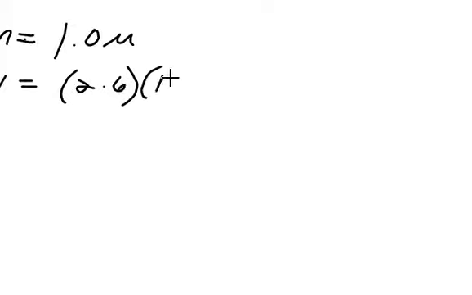Suppose a neutron, we'll have this N, mass equals one atomic unit, so we'll just do 1.0 U, traveling at 2.6 times 10 to the 7 meters per second. So V equals 2.6 times 10 to the 7th meters per second.